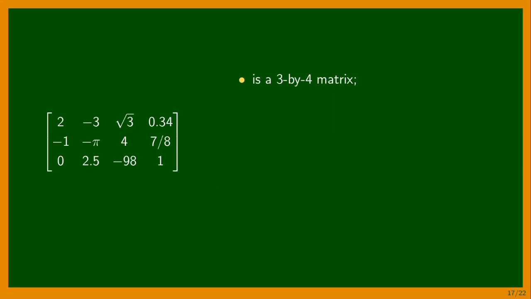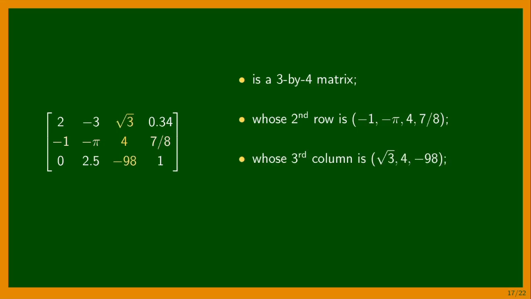Can you tell why it's a 3 by 4 matrix? It has 3 rows. It has 4 columns. Right? The second row is the vector -1, -pi, 4, 7 over 8. The third column is the vector square root of 3, 4, -98. The 2,3 entry of this matrix is 4.